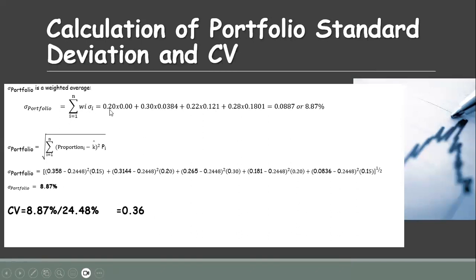Thereafter, standard deviation by weight. Here probability 20 is multiplied by 0, probability 30 multiplied by 3.8%, probability 22 multiplied by 12.1%, probability 28 multiplied by 18.0%, and it comes to 8.87%.